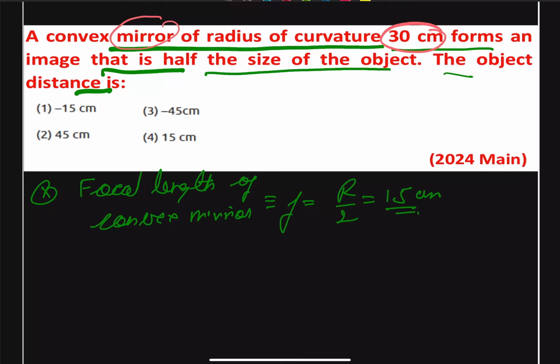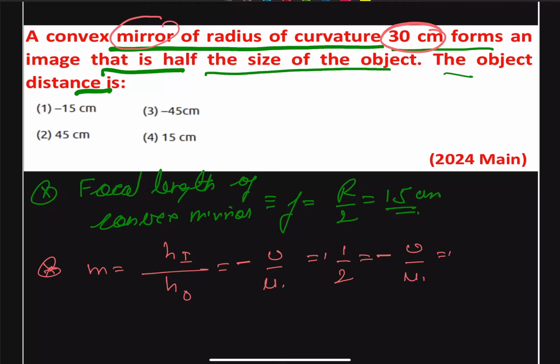And we also know that the magnification m is the height of the image upon the height of the object, which is also minus v upon u, and magnification is said to be given as half. So therefore we can write that half will be equal to minus v upon u, and from here we can find out that v is equal to minus u by 2.